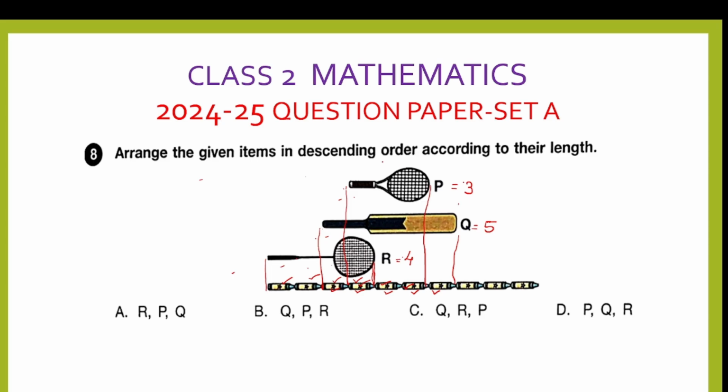3 crayons. Now we have to arrange the given items in descending order. Descending order means big number to small number.